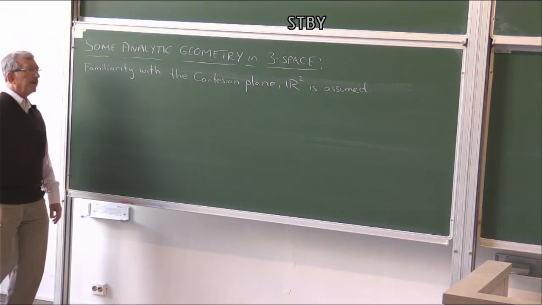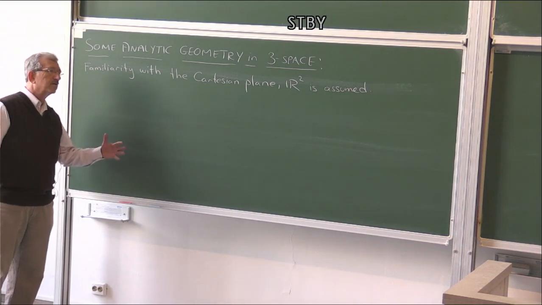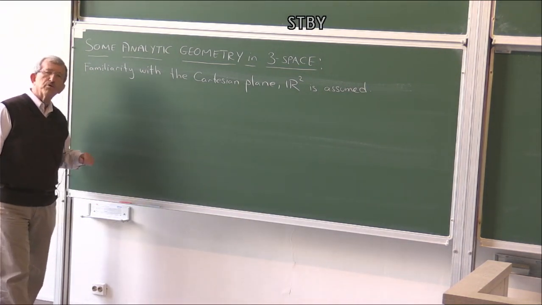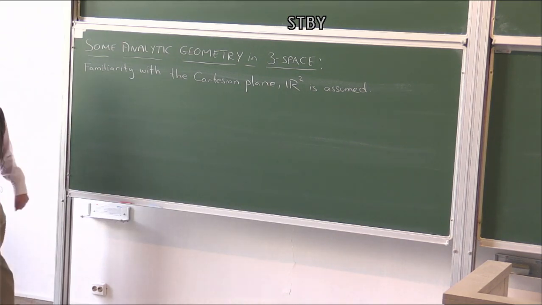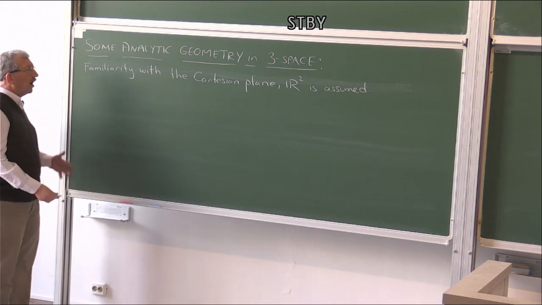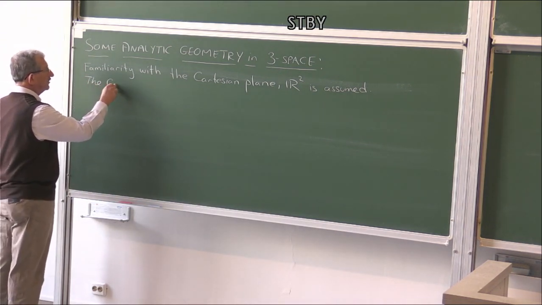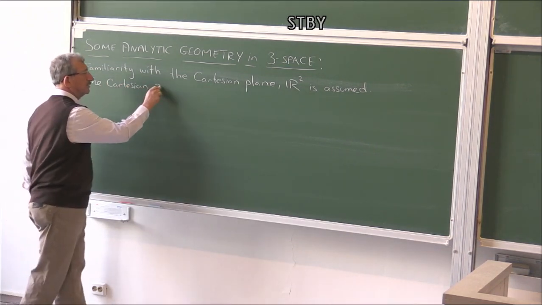Now in 3 space, we have direct generalizations from the plane, but also there are some specific features of the 3 space. So how do we define the Cartesian 3 space?